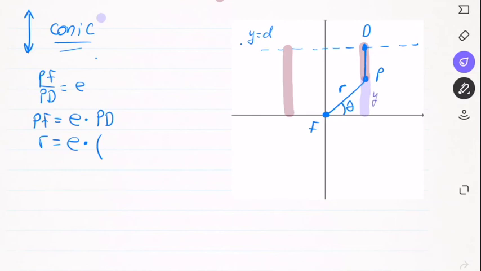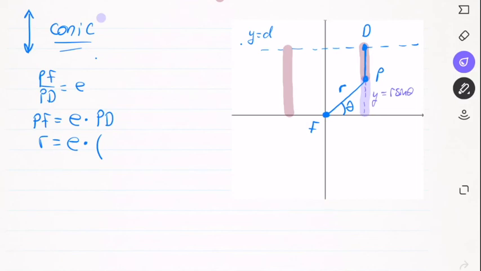This is y, if you want to think of it that way, this distance. And that would be a sine function because y is opposite the theta and r is the hypotenuse. We'd get sine of theta is equal to y over r, and therefore this side is equal to r sine of theta.